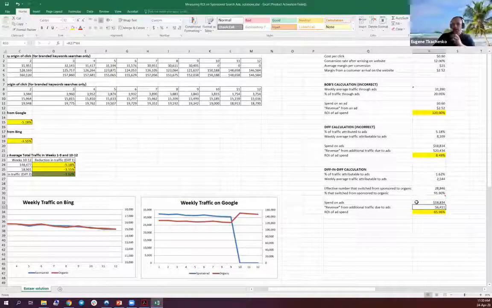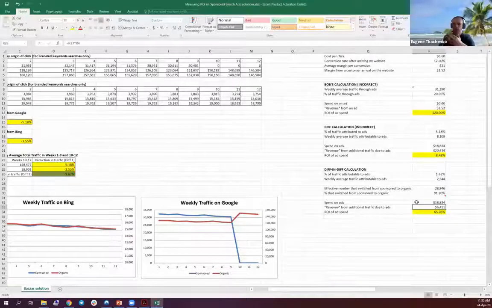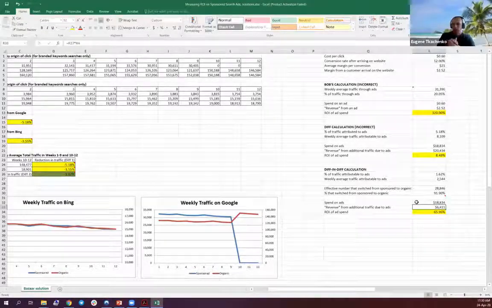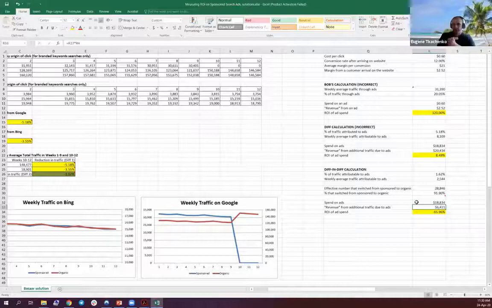So everything which came through organic traffic, which technically or originally was supposed to be paid for weeks 10, 11, and 12, we are not considering in this equation. We are considering only the numbers we have 100% confidence in, in order to justify the spend on the traffic.